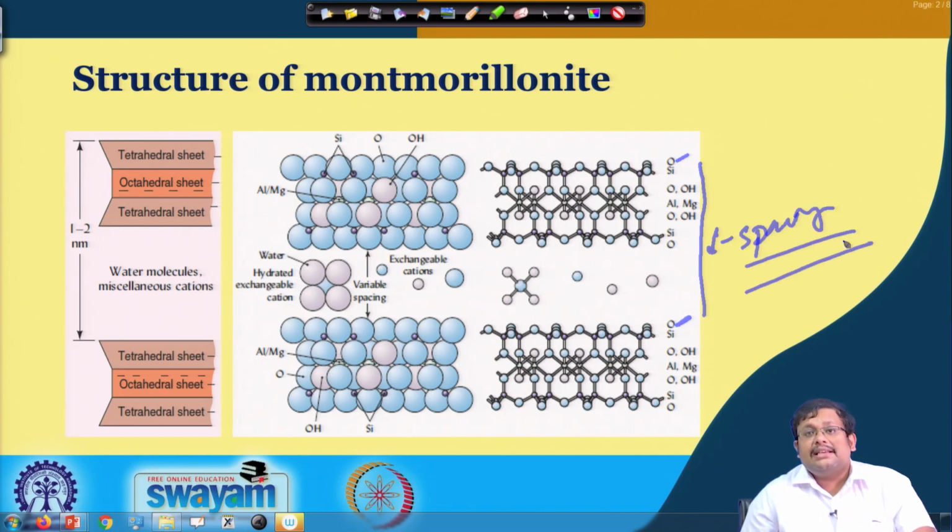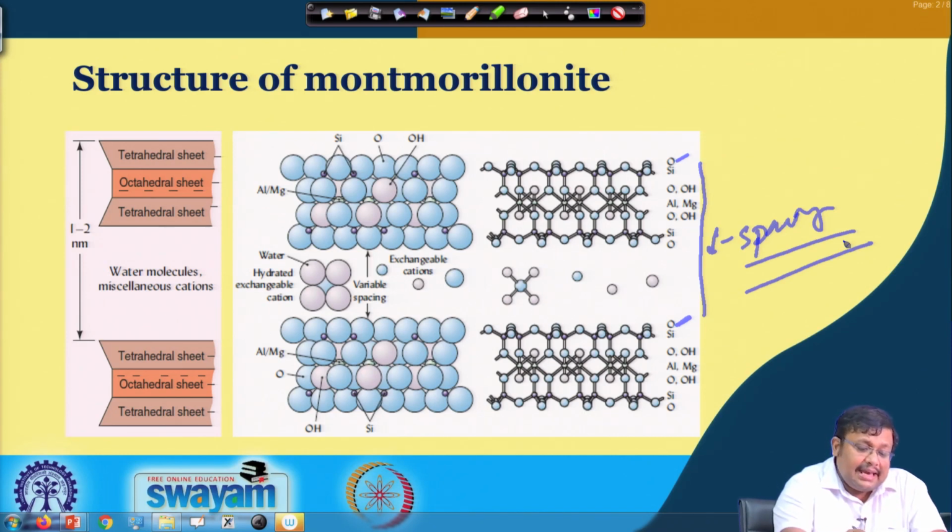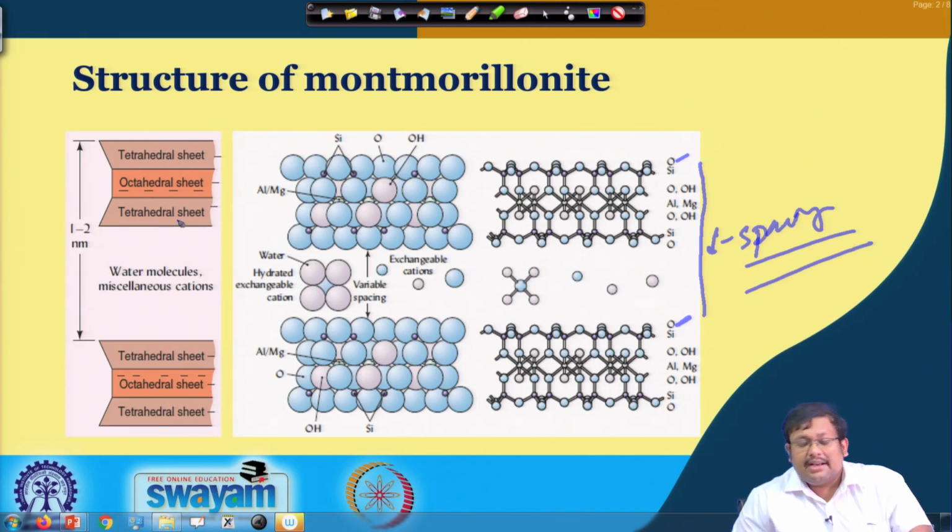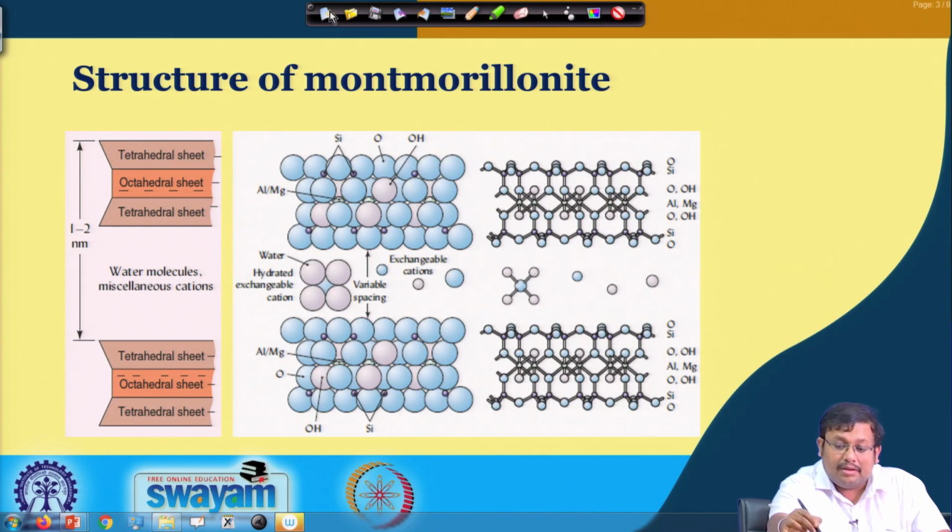Now, the d axis spacing is one of the highest in the montmorillonite clay mineral among all the minerals.